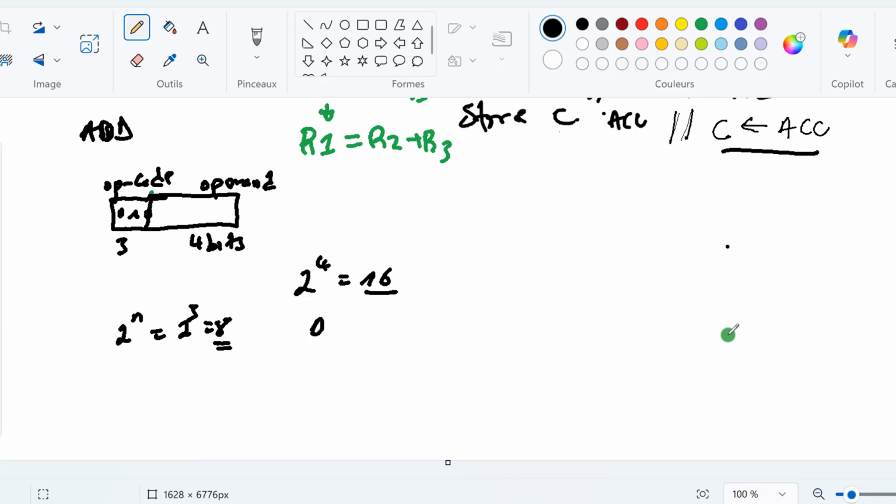Is 8. Let me just try to enumerate. Let us say if I want to list all the options, how am I going to represent it? 0, 0, 0, 0, 1, 1, 1, 1. Okay. 0, 1, 0, 1, 0, 1, 0, 1. Okay.